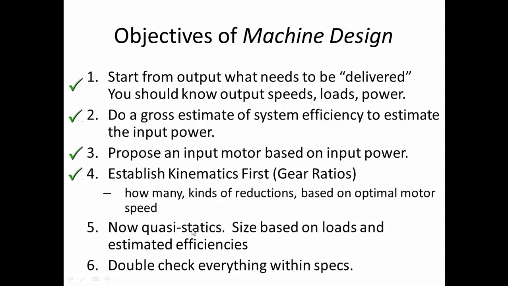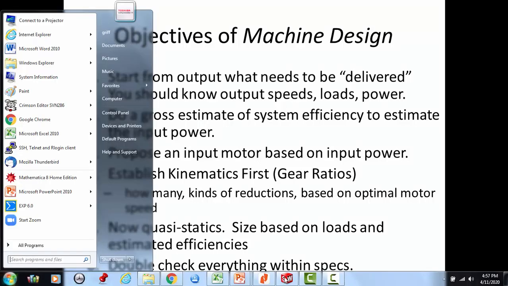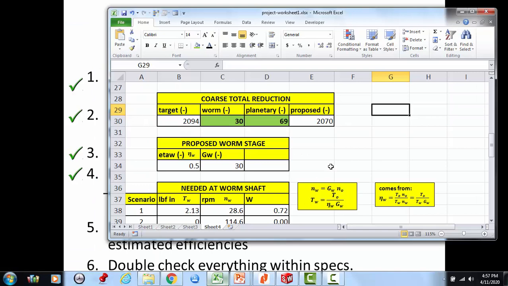So next we're going to start looking at what the loads look like as we step backwards from the fingers back towards the motor. And we're also going to be estimating, fine-tuning some individual efficiencies for the various stages. And then we're going to double check everything. So at the proposed worm stage, we're looking at a worm reduction of 30, and we're going to estimate the efficiency of the worm at a half.